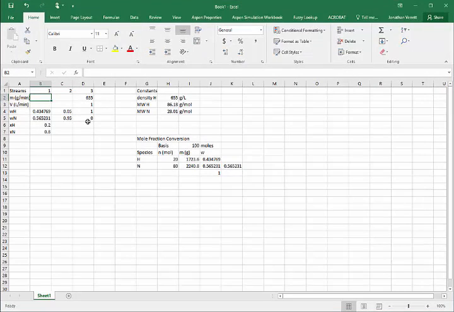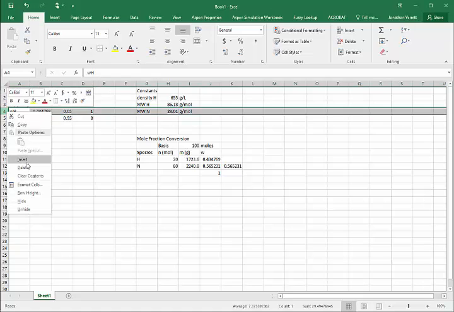And so what I'm going to do is enter a guess for that first stream. So I'll say 1,200. Now if I use the mass balance, I know the overall mass flow of stream 2 has to be that stream 1 minus stream 3. Right, that's going to satisfy that equation.